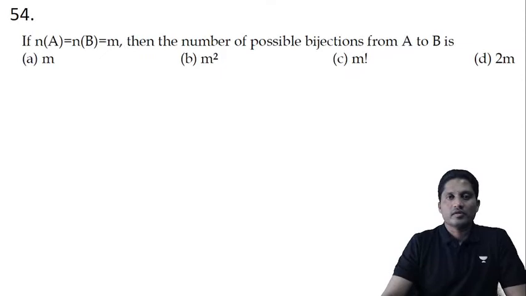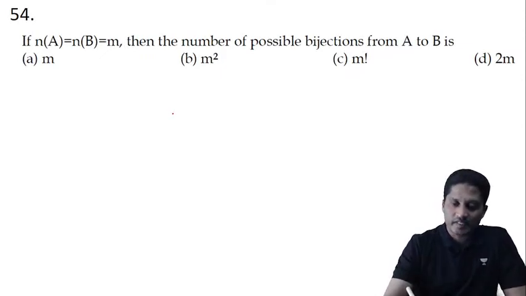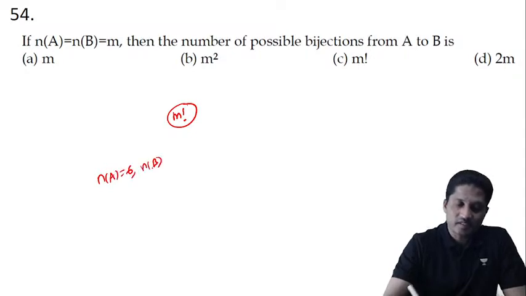Question number 54. Set A contains m elements, set B contains n elements. The total number of bijections will be equal to m factorial, right? Suppose set A contains 6 elements and set B contains 6 elements, the total number of bijections will be 6 factorial.